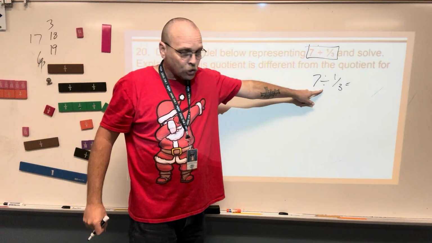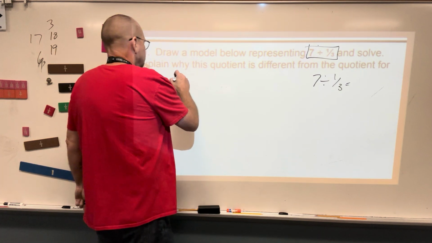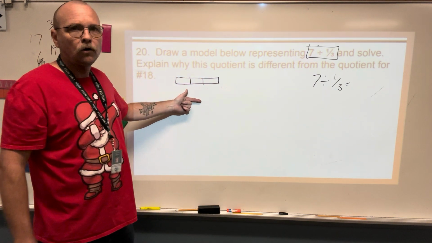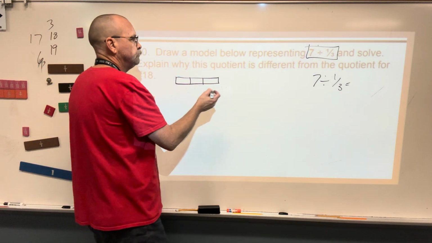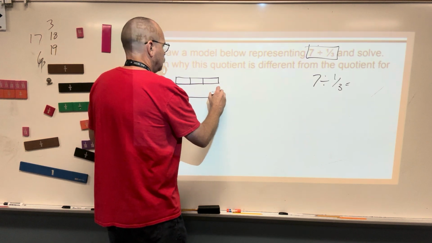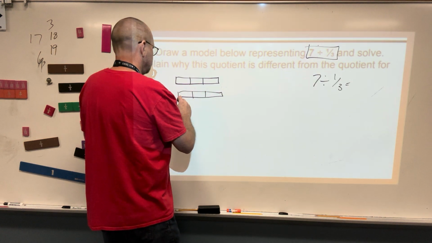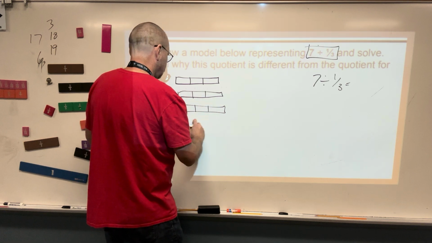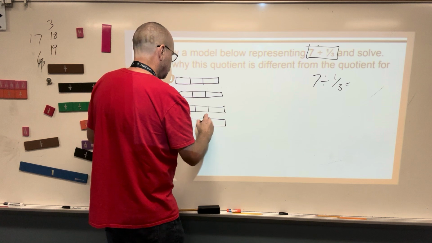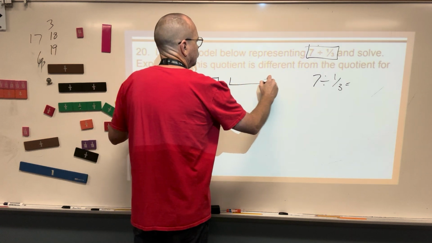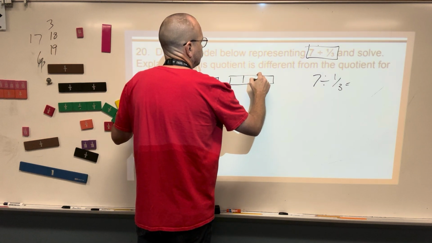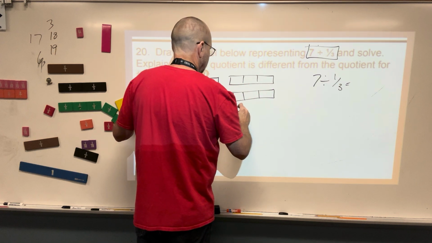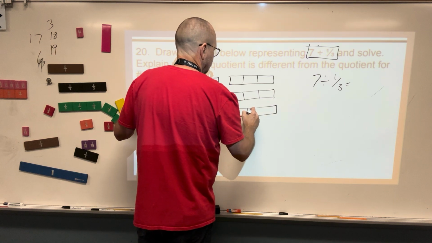It's asking how many thirds are there in 7. So if I have 1 whole, 1 whole has 3 thirds. 2 wholes, 6 thirds. 3 wholes, 9 thirds. 4 wholes, 12. 5, 15. 6, 18. 7 is 21.